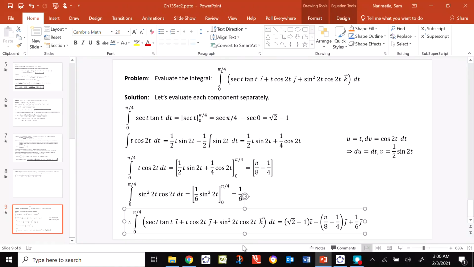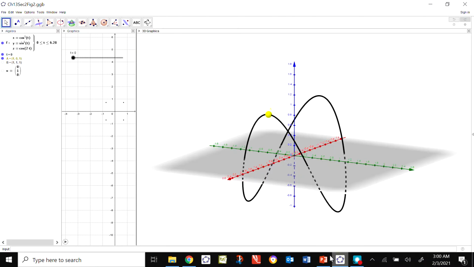All right, with that, I'm going to take you to GeoGebra and show you something really cool. So here's a vector valued function. x equals cosine t, y equals sine t, and z equals cosine 2t.